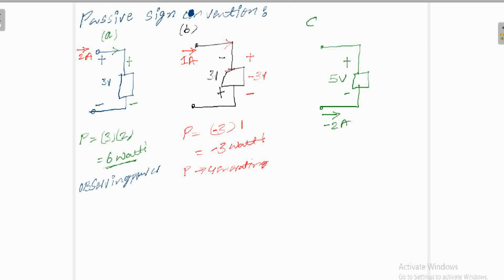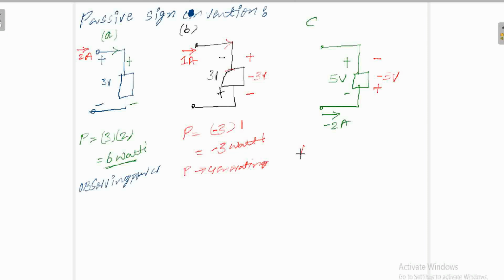Now tell me whether this element is obeying passive sign convention. So no, the current is entering into the negative terminal. So if you want to make it obey, we have to consider minus 5 volts. Now the current is entering into the positive terminal of your voltage.